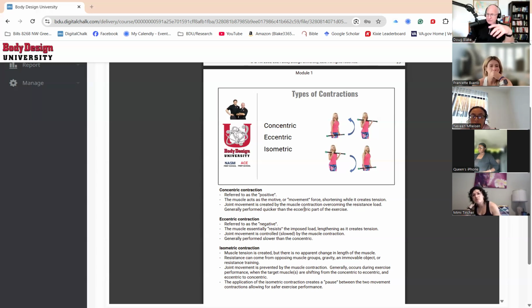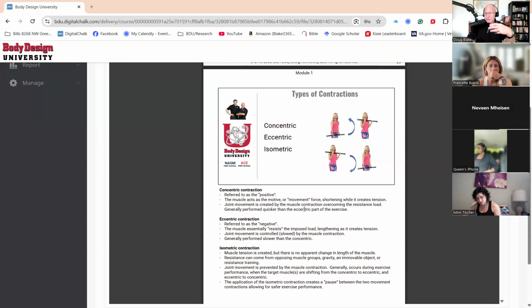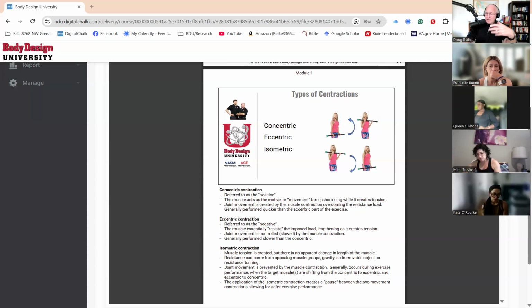How many of y'all have seen this with any other exercise, by the way? You see it all the time. Okay, but if you are aware that there's 3 components to the exercise, it will make you a little bit more aware, right? And a little bit more cautious about how you perform repetitions. That's why the concept of these 3 parts of the contraction is so critically important.